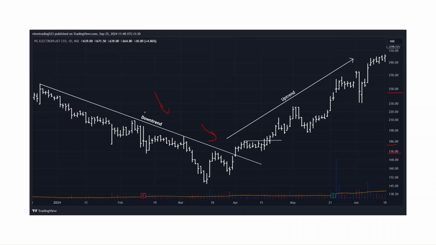So what is overhead supply? When a stock is going down in a downtrend, there would be many trapped buyers at multiple levels who actually thought the stock is reversing, or maybe they were averaging down, or maybe they bought at different points thinking that this is the end of the downtrend and now the stock should start heading higher, and in that anticipation they buy that particular stock, and many of them are just stuck there, right? So there's a lot of pending supply that is left.